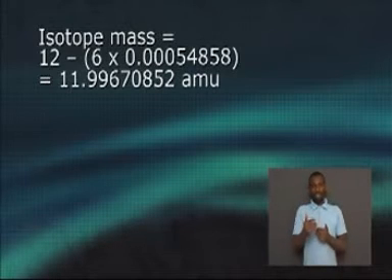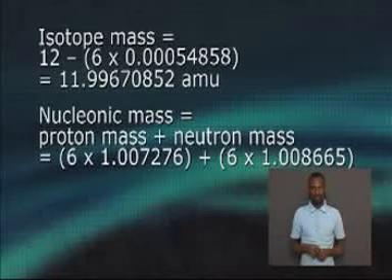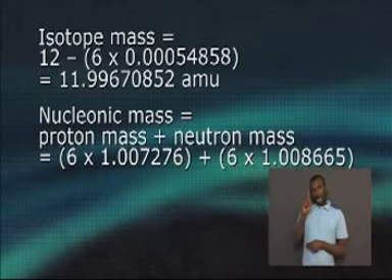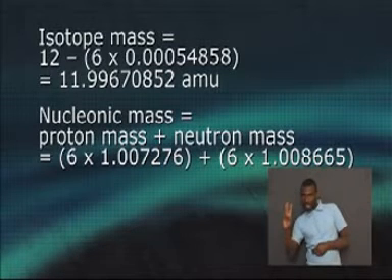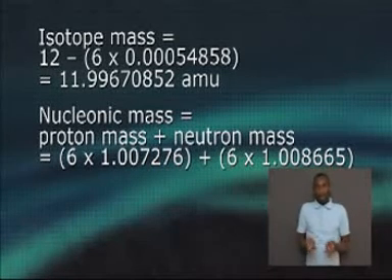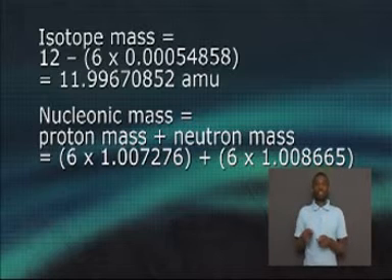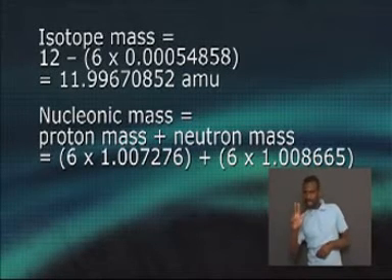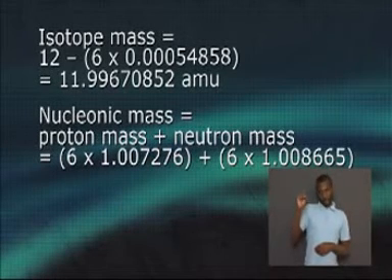Next, we find the nucleonic mass. We have 6 protons at 1.007276 atomic mass units each, which gives us 6.04365 AMU.